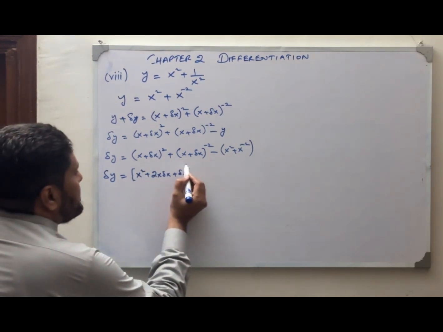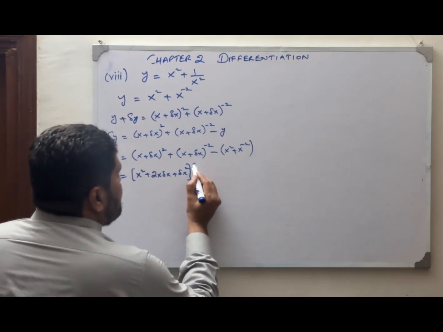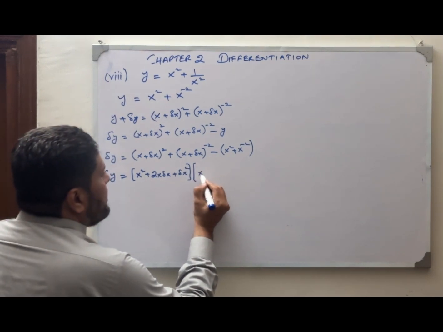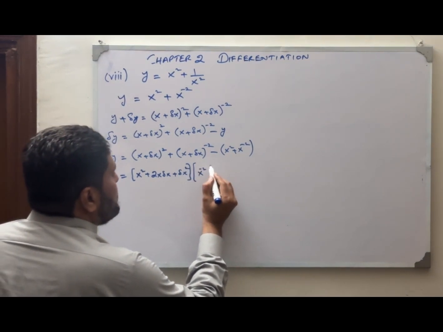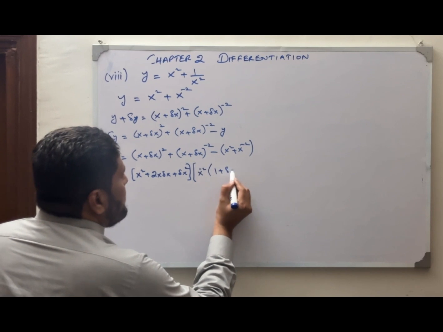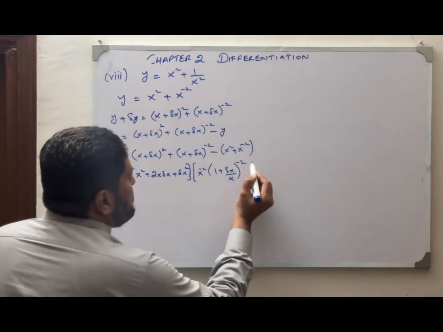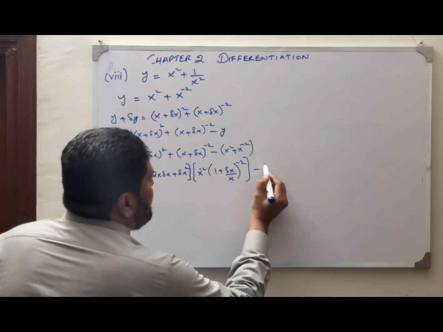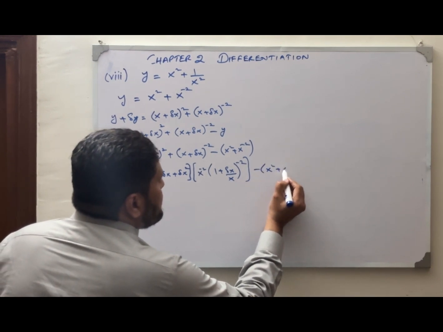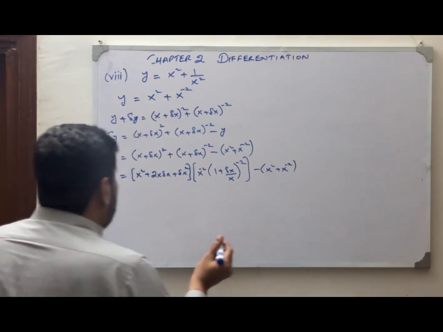So this will be the result for the first term. In the second term, we have x power minus 2 into 1 plus delta x by x power minus 2, and then minus x square plus x power minus 2.